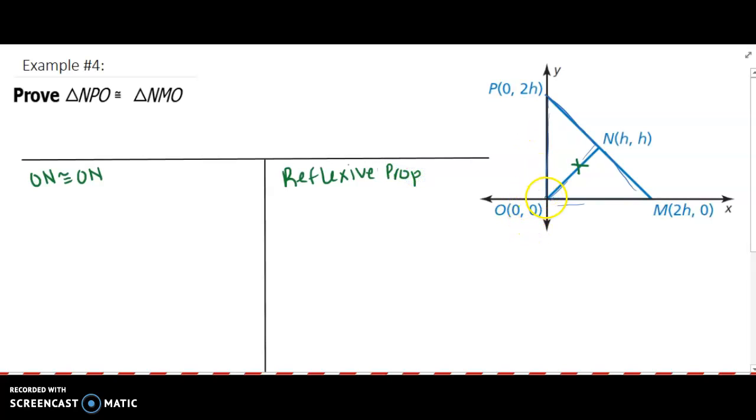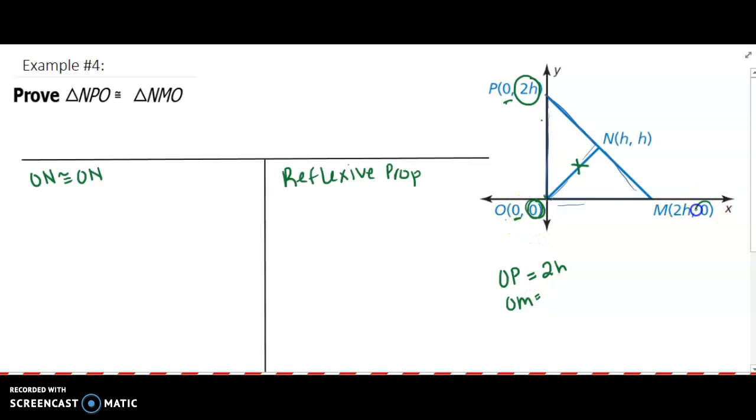Okay, now let's look at OP. Okay, now if we look, our X value doesn't move. We're not going left to right, we're just going straight up. So if we start at 0 and go to 2H, OP is just 2H. Okay, same thing, OM, same but different.